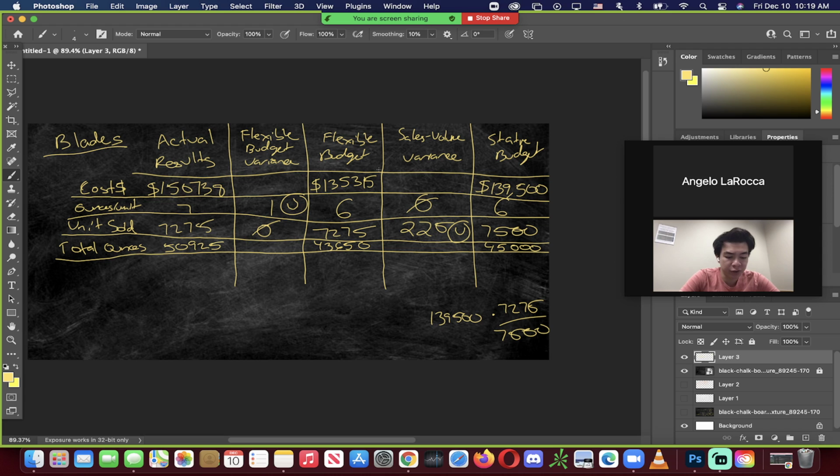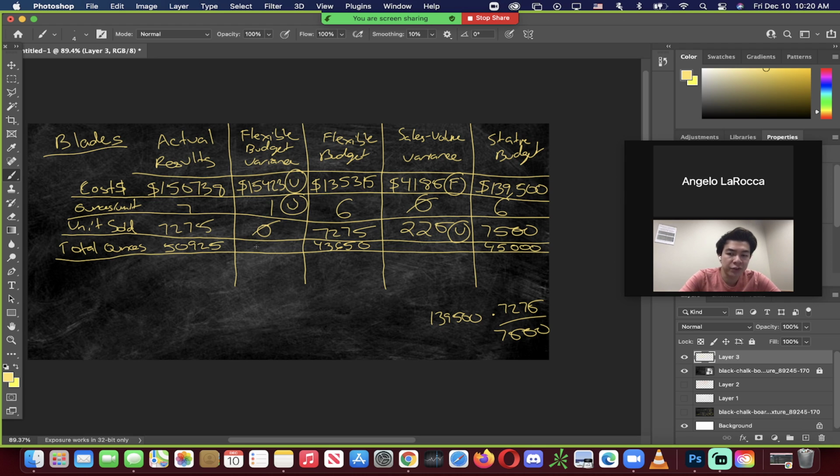Now we're going to take the variances. This is going to be favorable because costs are decreasing. And then we do the other one. This is going to be unfavorable because costs are increasing, right?